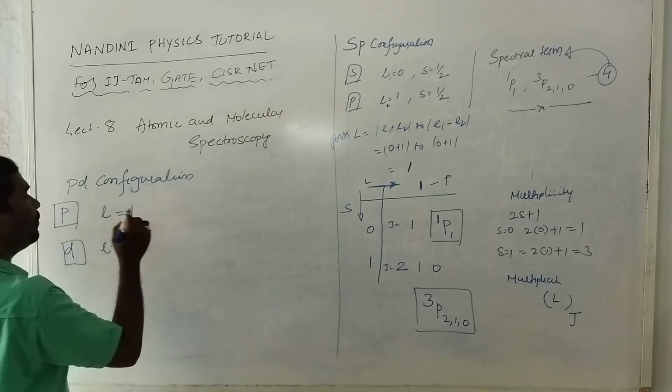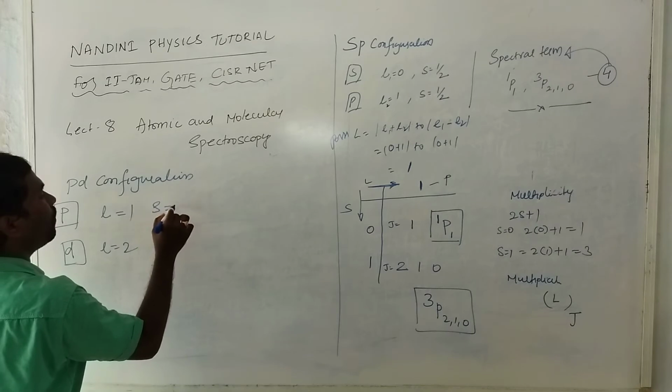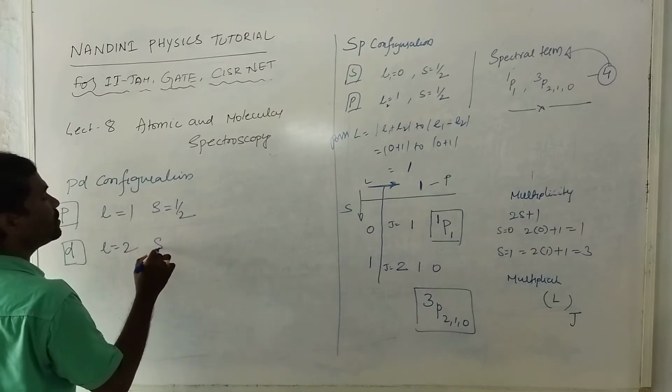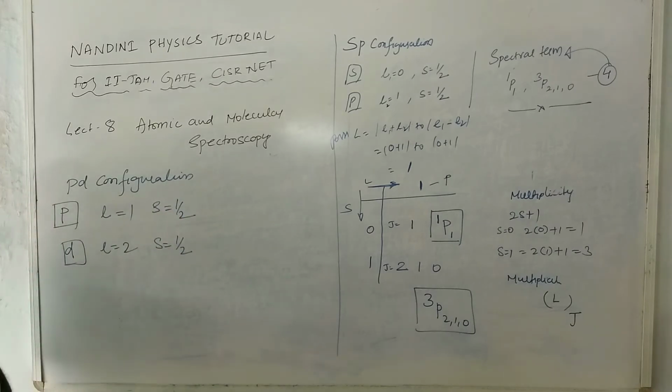And what about S? For the P state S is equal to half, and for the D state S is equal to half only. Spin is always considered half.